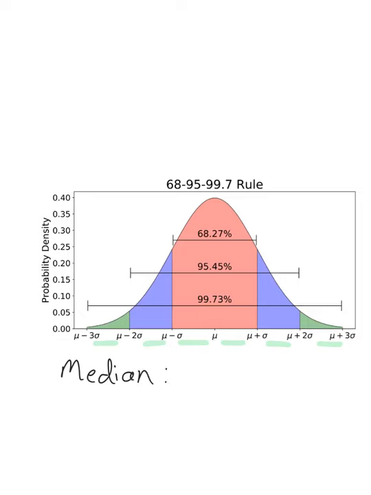Let's say the median is 10. Okay, the median was 10, and our standard deviation was, let's say the standard deviation was 2. Our standard deviation is 2.